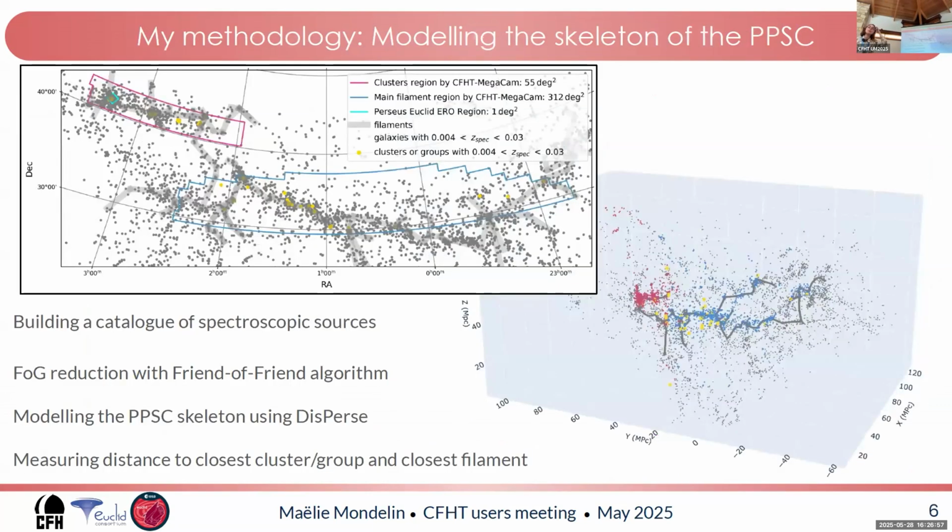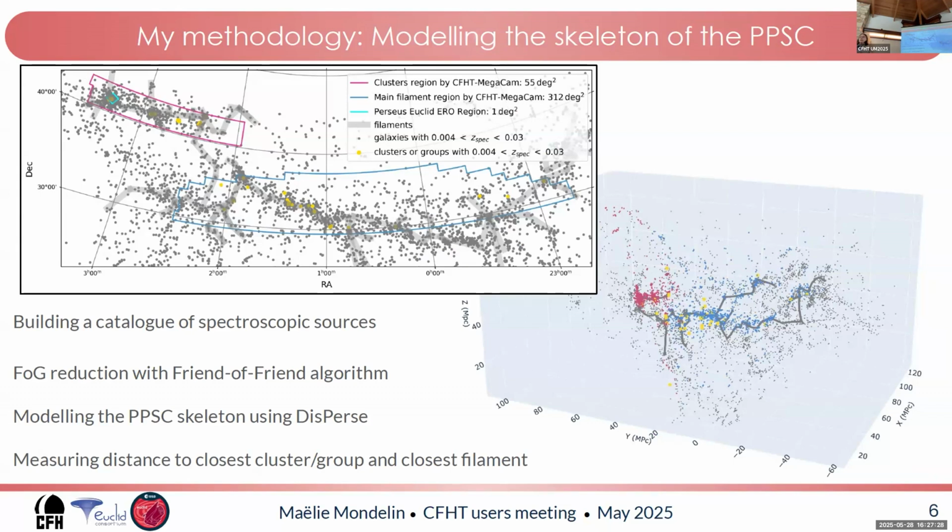So I propose to explain how I have developed, measured the skeleton of this supercluster. First of all, I have built a catalog of spectroscopic sources in order to have access to precise positions in the cosmic web. So I used 2MRS, SDSS, and other catalogs in order to have the most complete catalog of this supercluster.